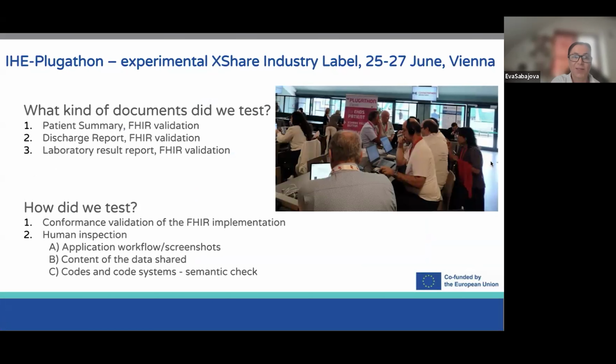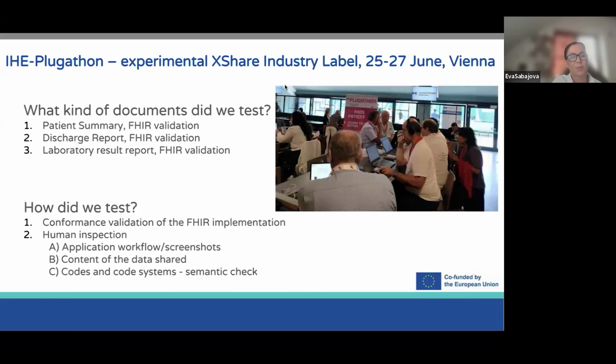The documents that we tested with FHIR validation were the patient summary, discharge report, and laboratory result report. And how did we test? We first tested automatically the conformance of the FHIR implementation.